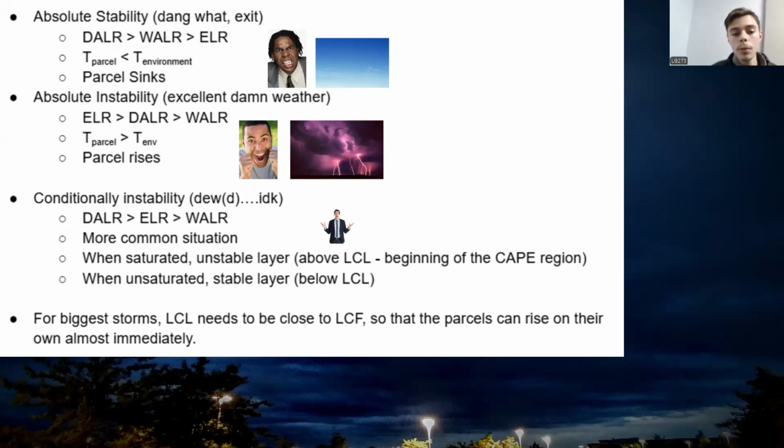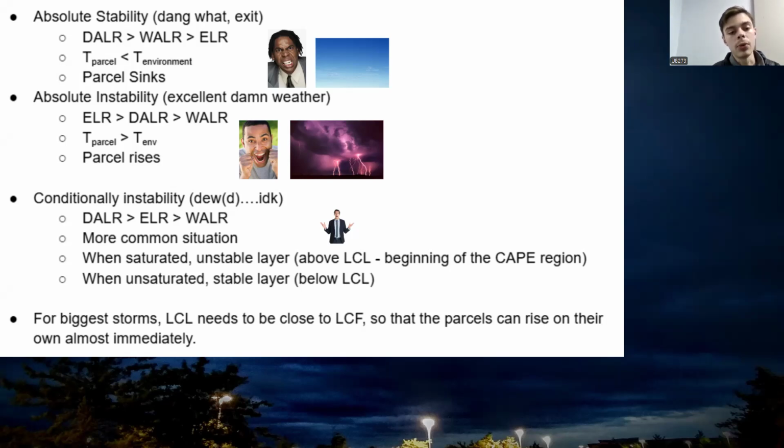Now, maybe not always the most common, but a common situation can be when we have conditional instability. And the order of this is DEW. Another way to remember is that the environment is just in the middle, and of course, we know that the dry adiabatic lapse rate is always greater than the wet.